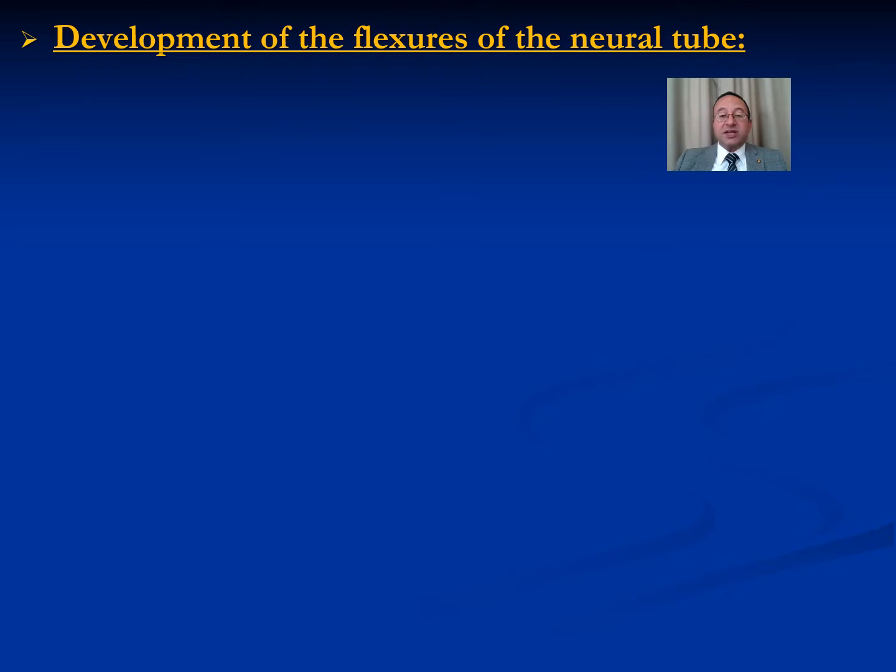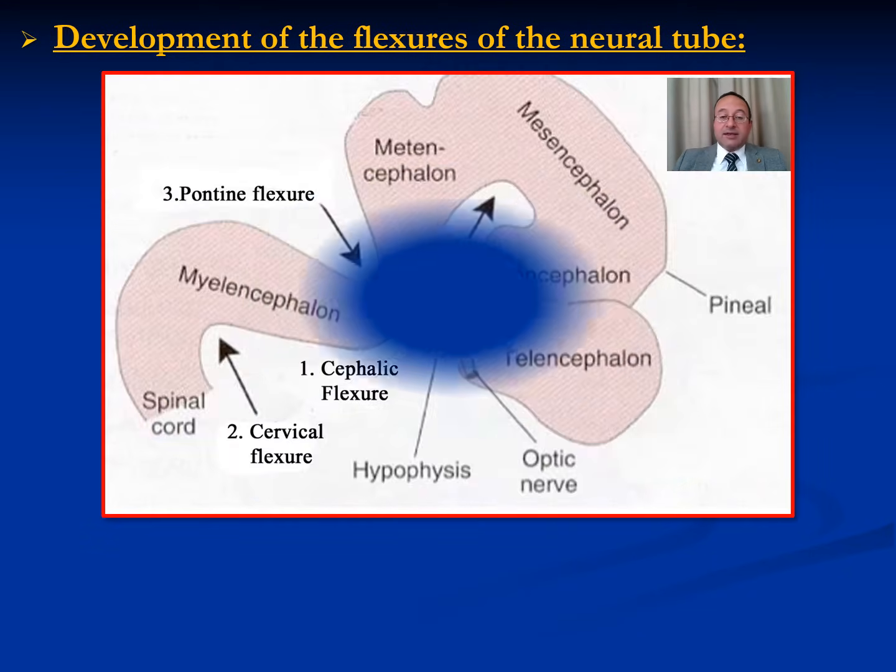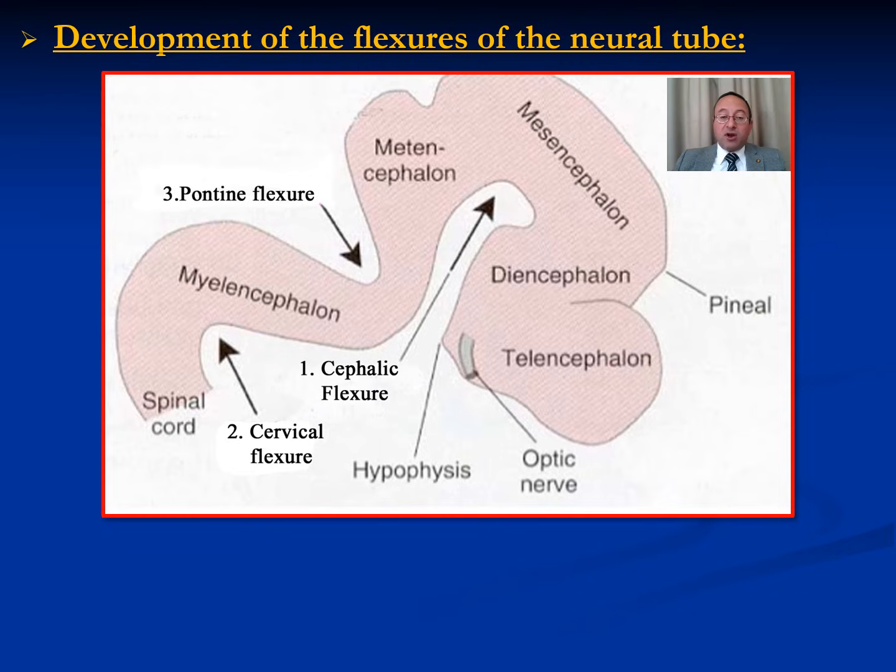Development of the flexures of the brain. At first, the neural tube was straight, then followed by development of 3 flexures. What are those? The first flexure is called cephalic flexure. It occurs in the midbrain region.